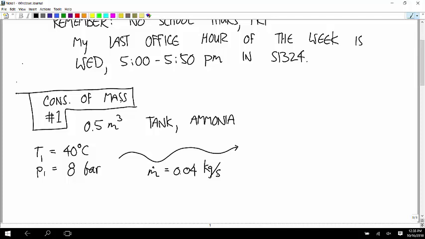There's a word missing there, because of, from the surroundings. So I guess that's because of heat transfer from the surroundings. The temperature in the tank stays constant, so T2 is also 40 degrees Celsius.